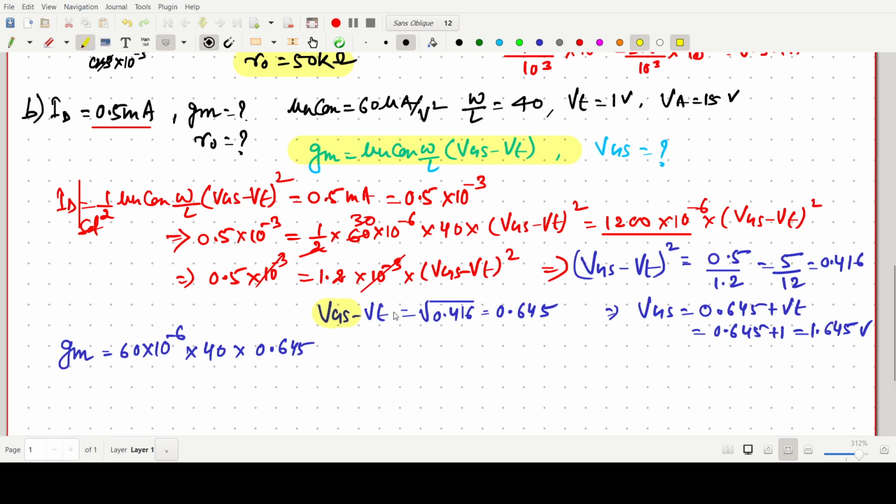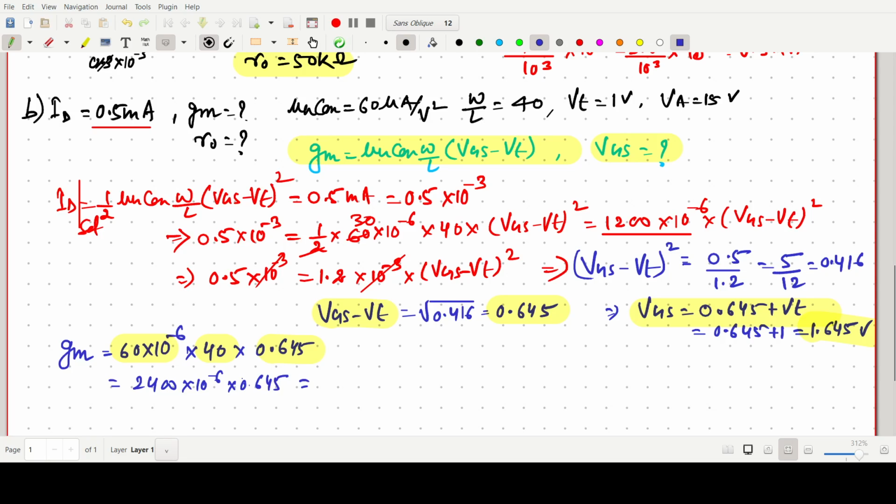VGS minus VT is required, and we have also calculated VGS, but VGS minus VT is what we need. So instead of this, mu n COX W by L is this, and 0.645. So now we have to solve this: 2400 into 10 to the power minus 6 into 0.645.